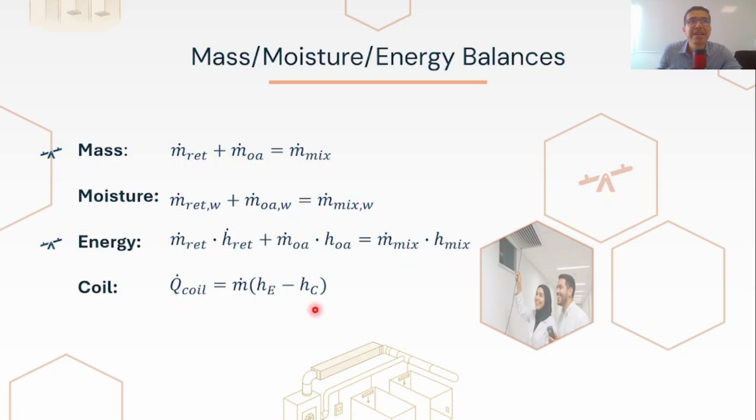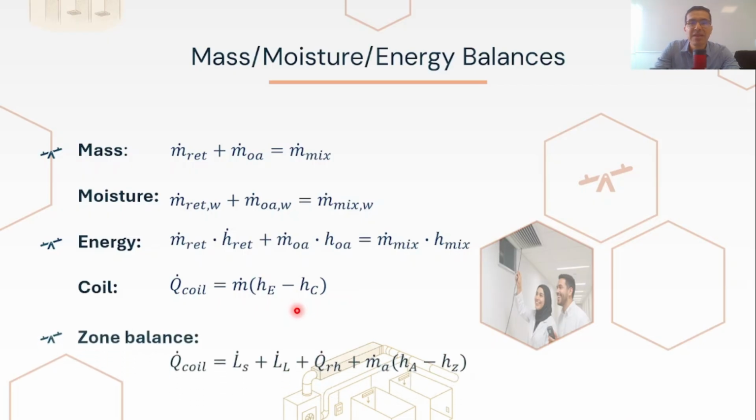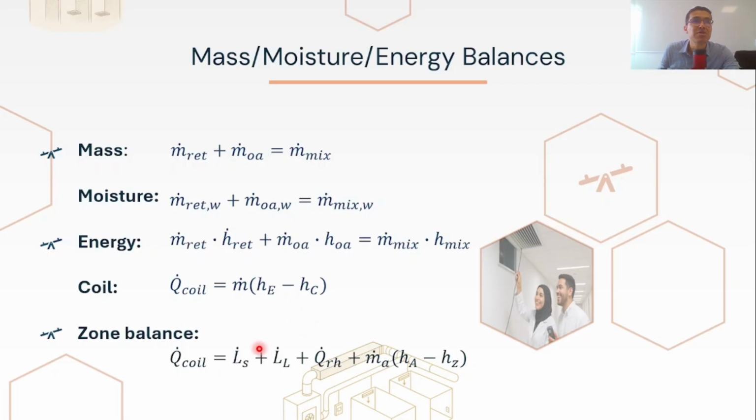And in the case of the coil, the heat removed from the coil is the enthalpy difference between the entry and the exit. And finally, we close with the zone system balance. It's in the form of this Q of the coil.